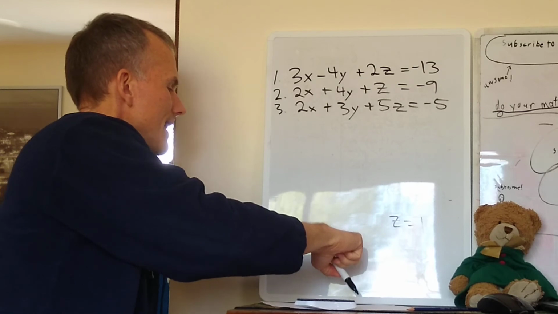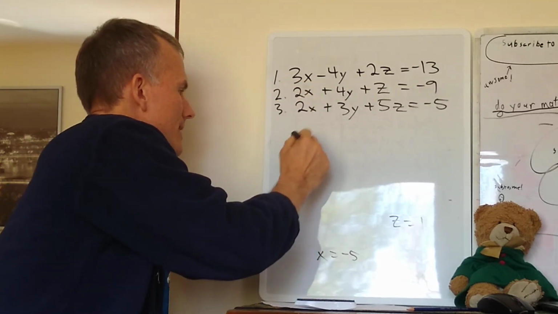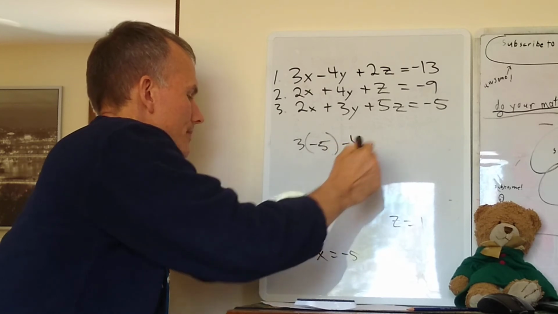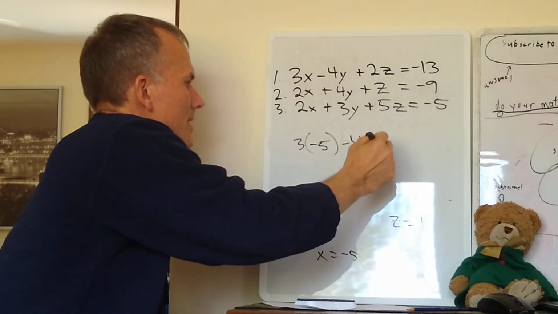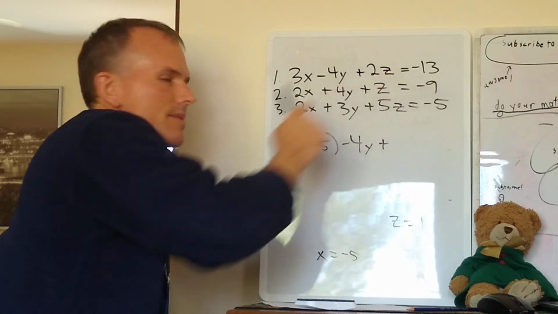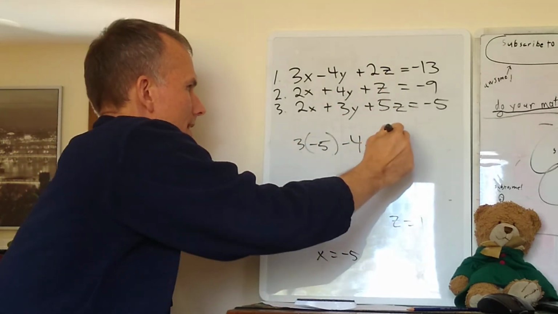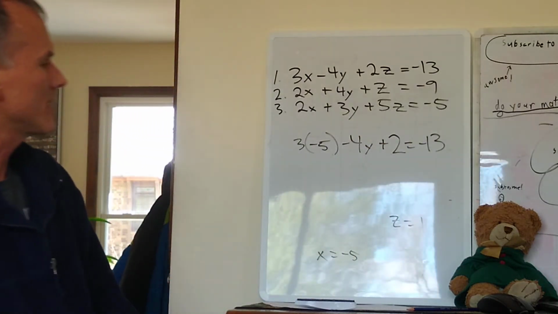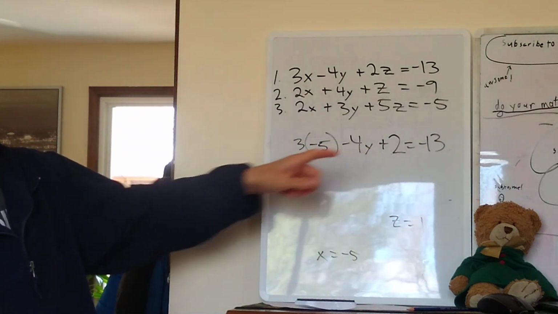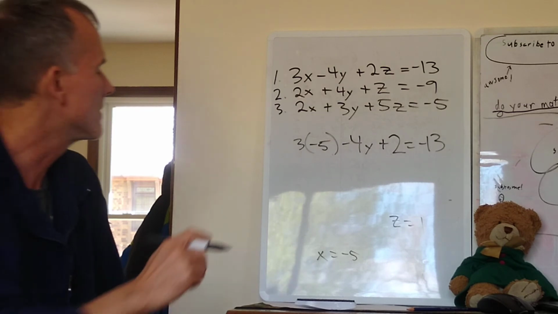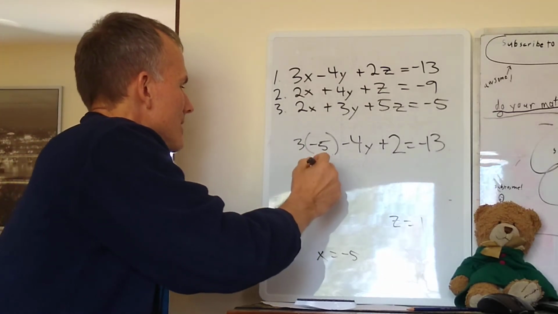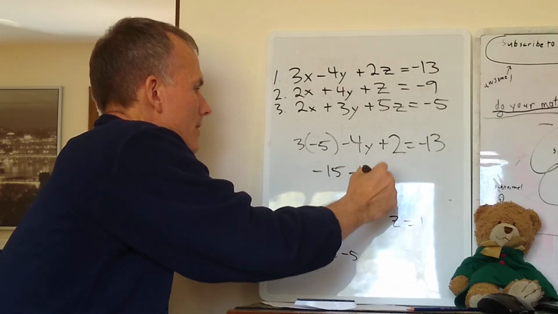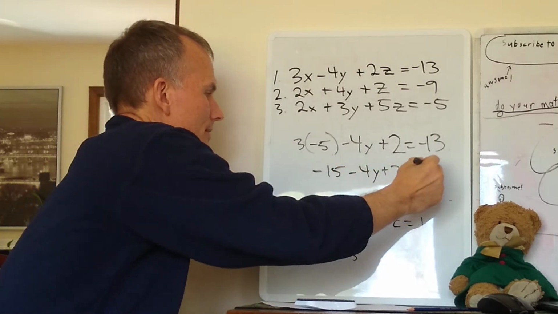The x is going to become negative 5, so 3 times negative 5, minus 4y, plus 2 times z, which is 2 times 1, equals negative 13. And if you notice, I just have one unknown left. I can solve this pretty easily. So 3 times negative 5 is negative 15, minus 4y, plus 2 equals negative 13.